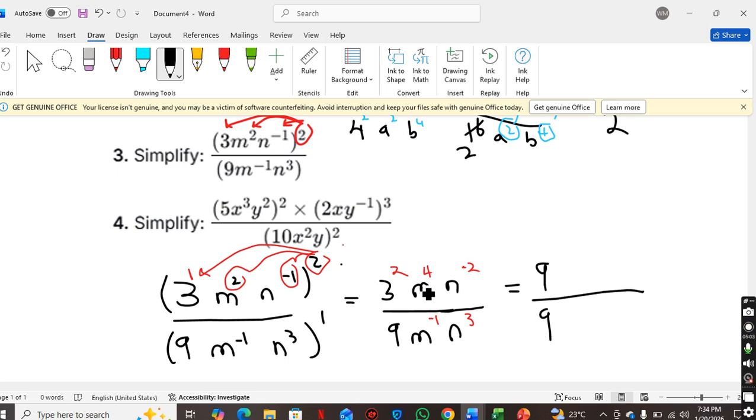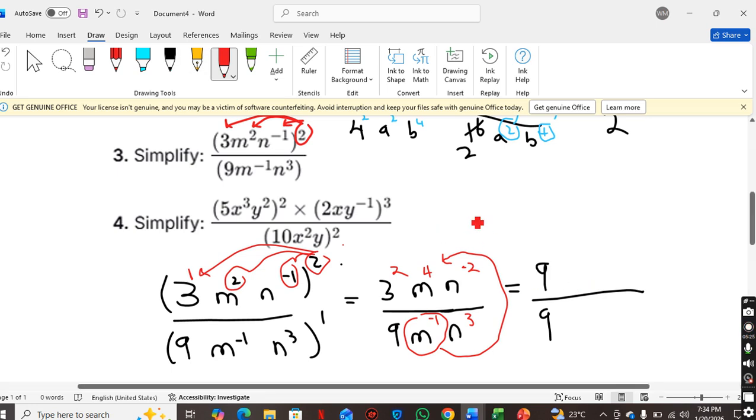Okay, we have m and m to the power negative 1. So as I said, the trick you can use is you can bring this m to the power negative 1 on top, so that it becomes m to the power positive 1 like this.